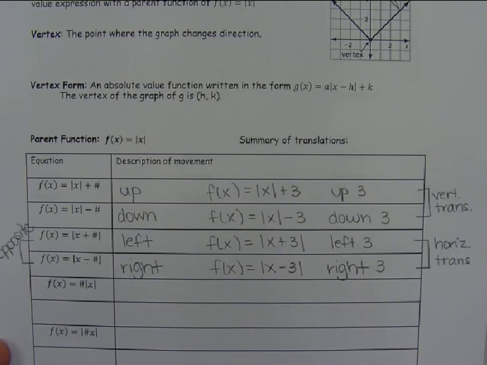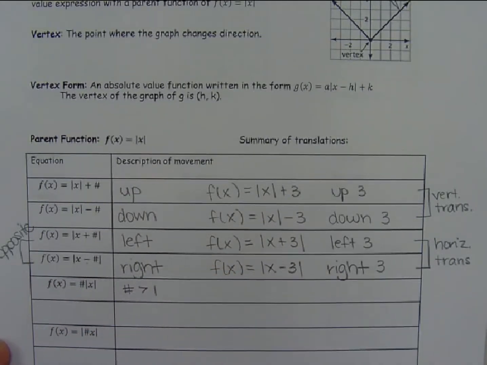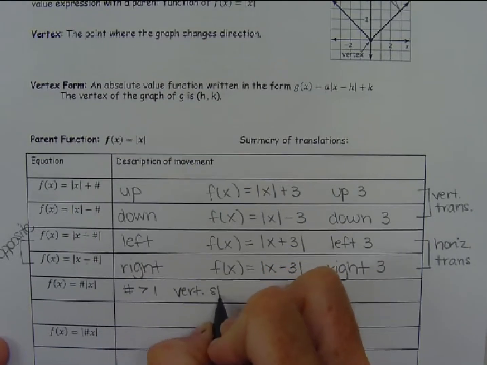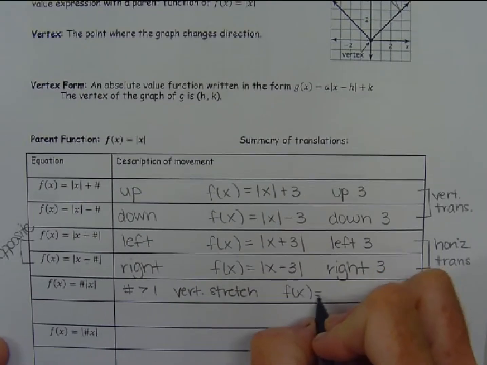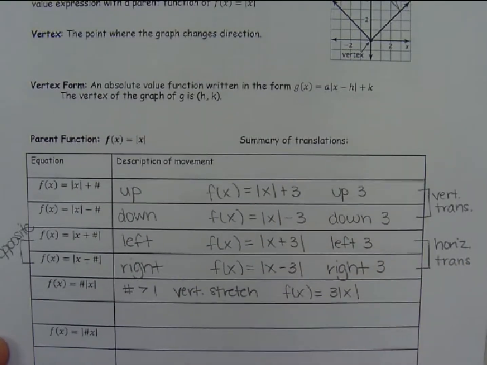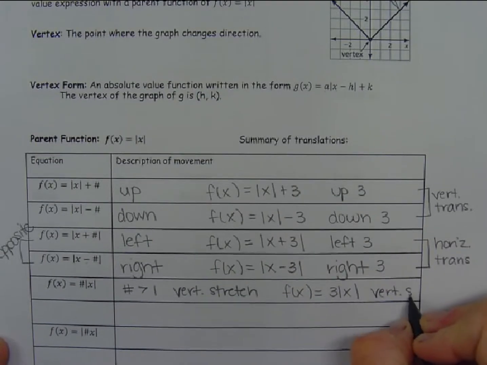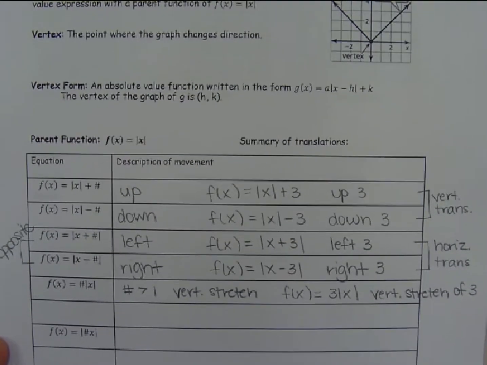So whenever there's a number out front and that number is greater than 1, it really makes it skinnier. However, we don't necessarily call that skinnier. We call that a vertical stretch. So an example of that would be, if I had the 3 out front, I would say that is a vertical stretch of 3. Whenever we do vertical stretches or shrinks, we always include the number with it.